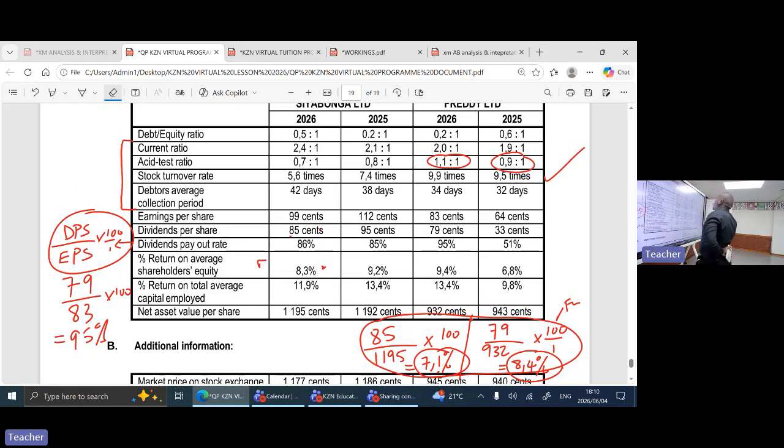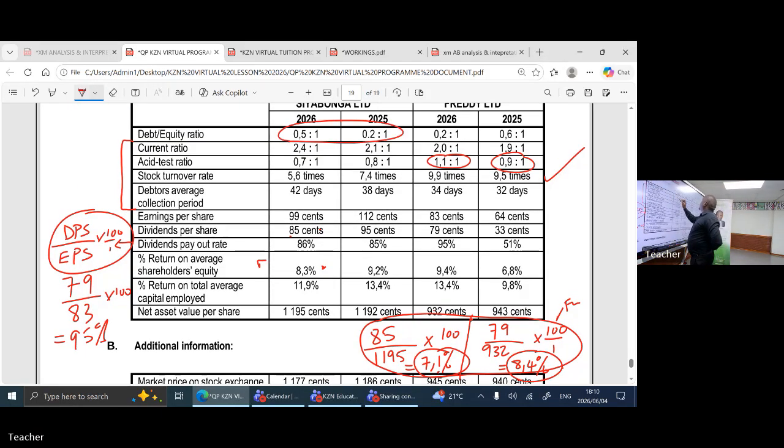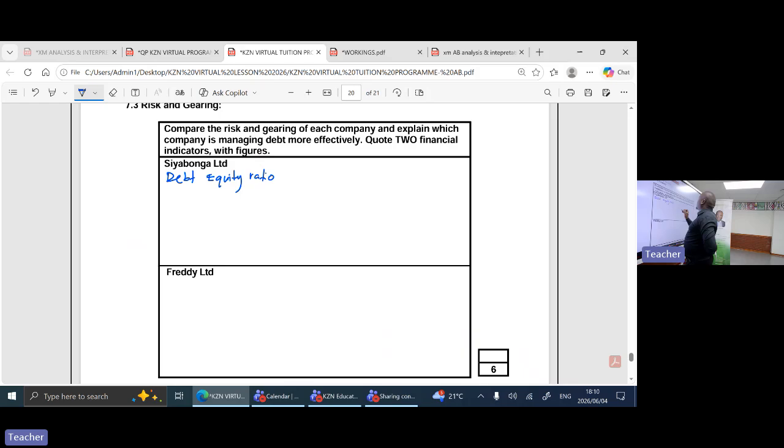So the debt equity ratio, at the beginning for Siyabonga, increased from 0.2 to 1 to 0.5 to 1. Okay. The debt equity ratio increased. Siyabonga's name is already given for us, so we don't have to repeat that.